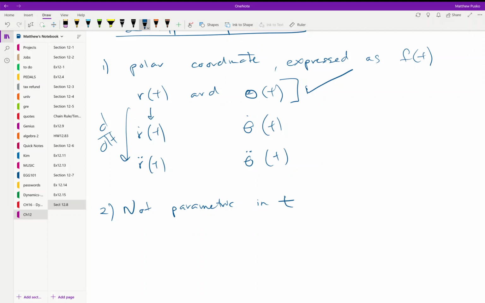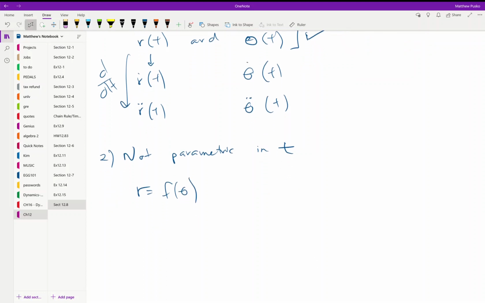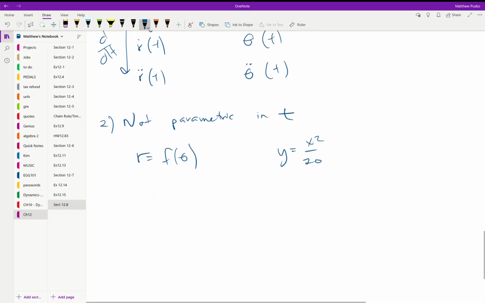So this would be r is equal to a function of theta. This we're definitely going to have to use the chain rule that will introduce time into the problem, the one I put the tutorial up for. So we could have some path given. We've seen something like x squared over 20 before, I think the balloon problem maybe. And well, we could have r as a function of theta squared over 20, right? It could be something like that.